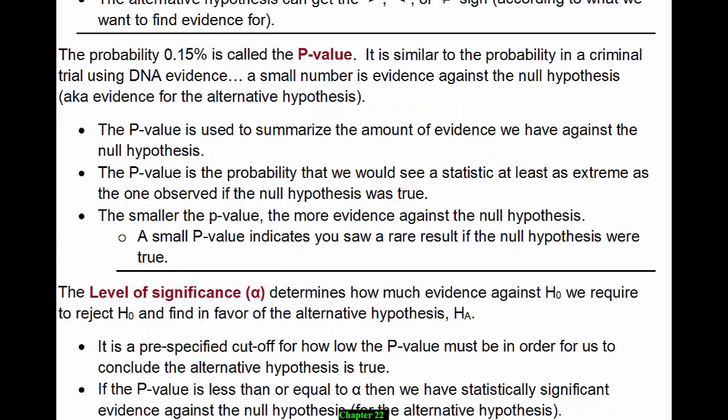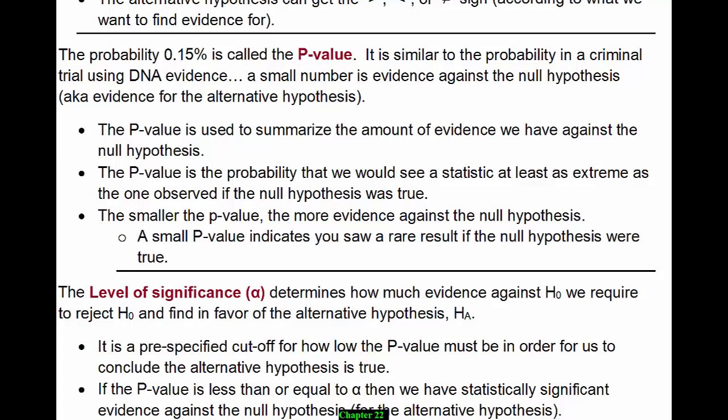Once the consumer advocacy group checked a sample to find the probability of observing a p-hat that much bigger than 5% or more, and quantified it with a number, 0.15%, this is called the p-value. A p-value is similar to the probability in a criminal trial using DNA evidence.